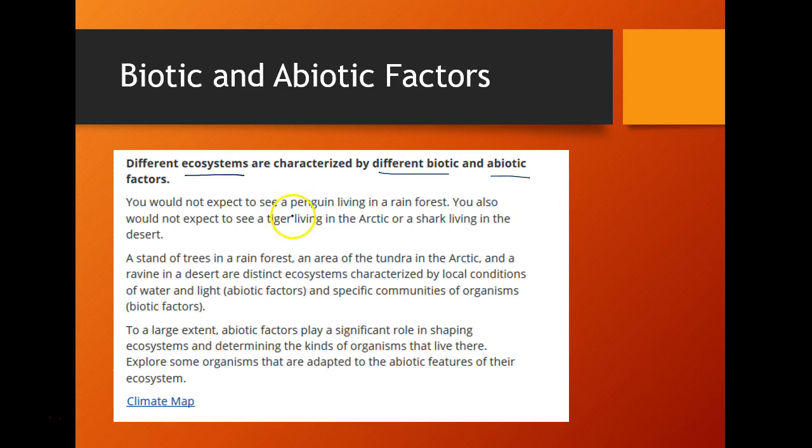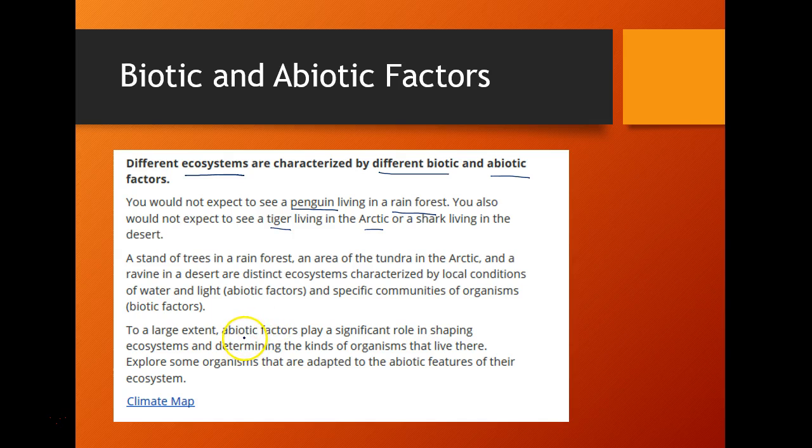For example, if we have a biotic factor like a penguin, we wouldn't find it living in a rainforest, right? Because a rainforest does not have the adequate biotic and abiotic factors needed for a penguin to survive. The same goes for a tiger living in the Arctic or a shark living in a desert. Again, an organism that lives in a specific ecosystem relies on the biotic and abiotic factors that exist in that specific ecosystem.